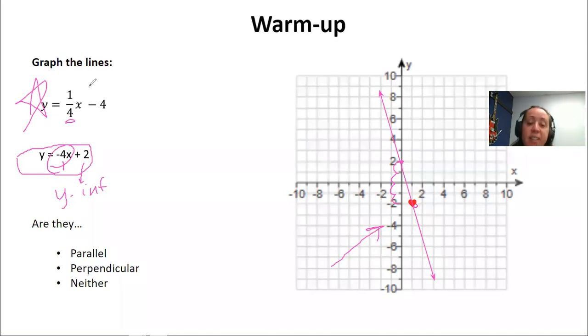No, you're good. So go ahead and put a dot on that -4. And then which way would you go according to that slope? Yep, up 1, right 4. Very good. And then you can go ahead and connect those lines.